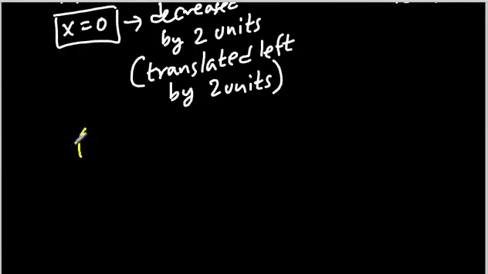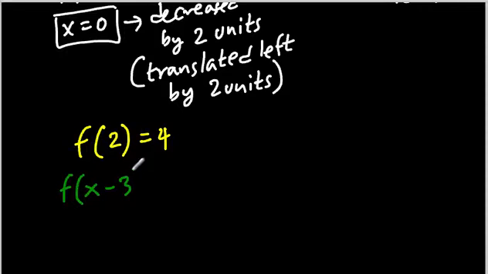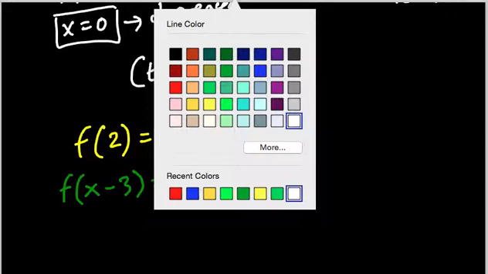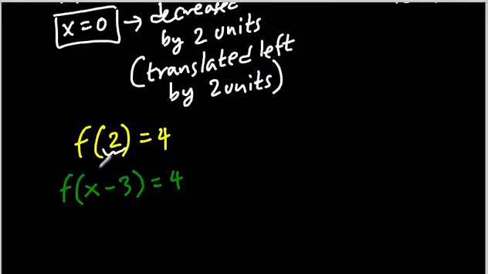So let's do, for example, f of 2, which is equal to 4. Again, this comes from the original function. And let's say I translate it to f of x minus 3. And again, the output must remain the same. So if we do this, 2 and this x minus 3 should be equivalent. So therefore, x minus 3 is equal to 2.